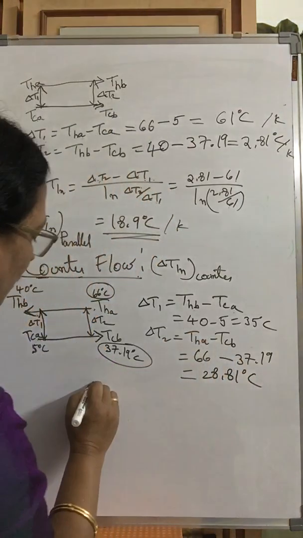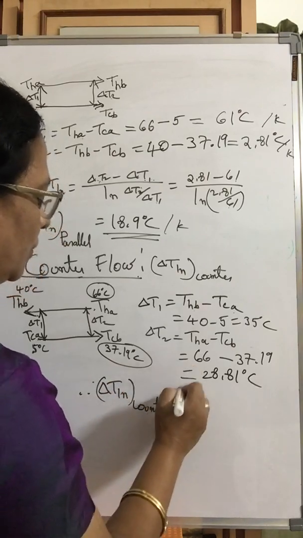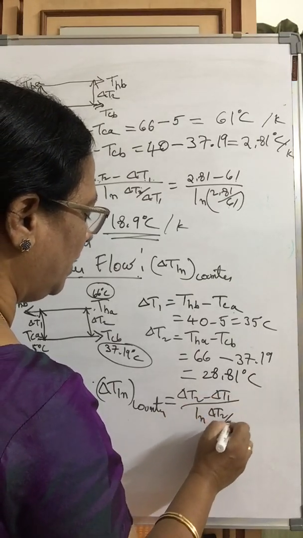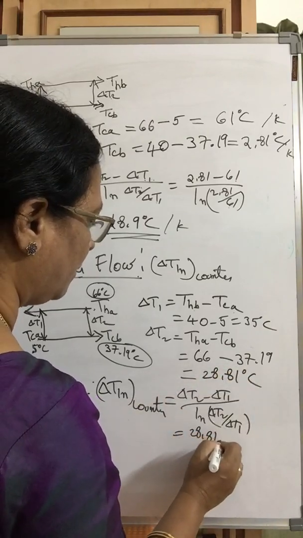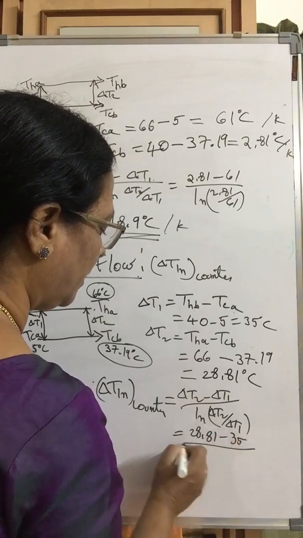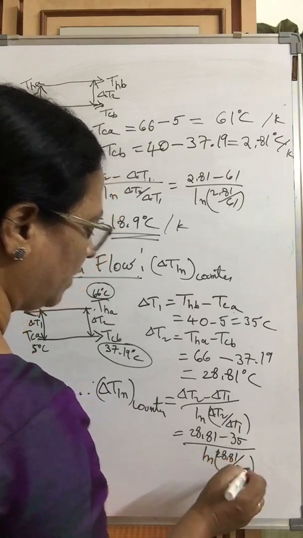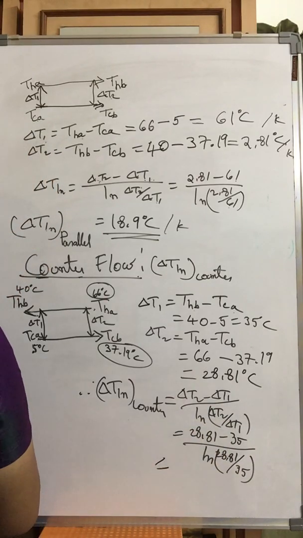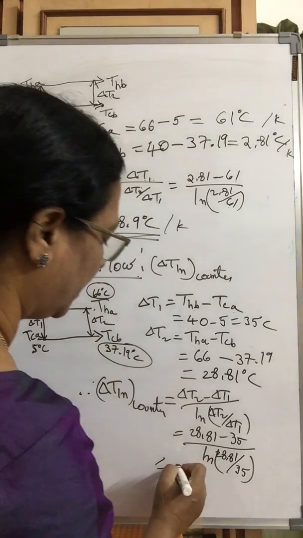Therefore, delta T ln counter equals delta T2 minus delta T1 by ln of delta T2 by delta T1, that is 28.81 minus 35 by ln 28.81 by 35. Here minus you are getting, here also you will get a minus. So its value is 31.8 degrees centigrade.